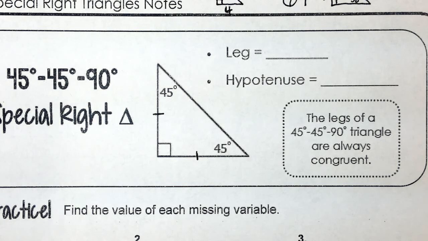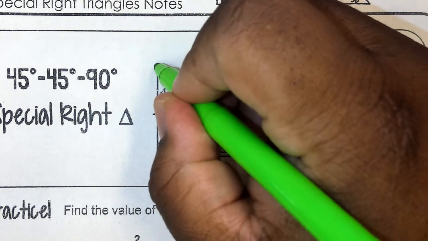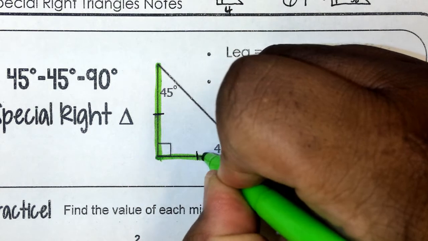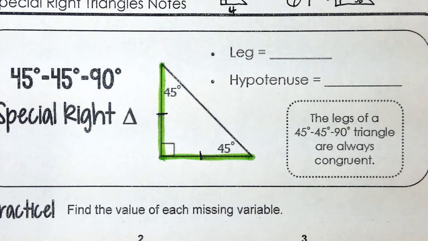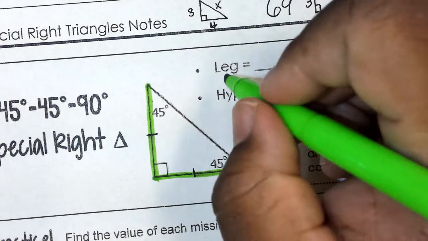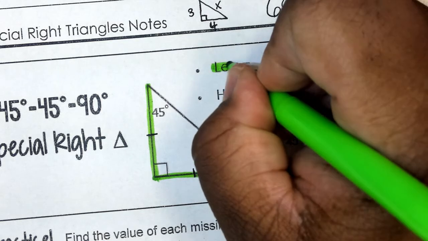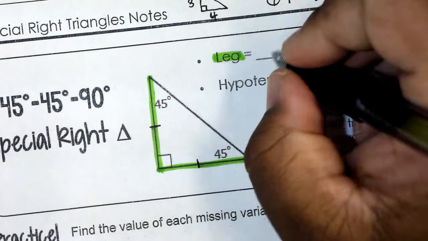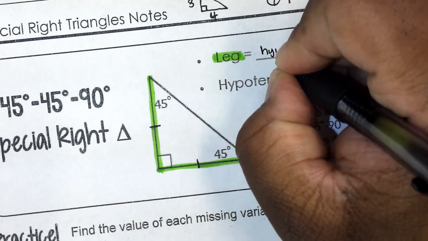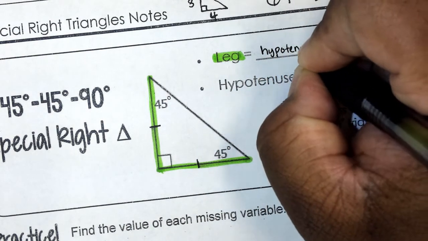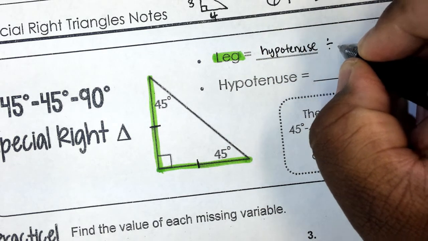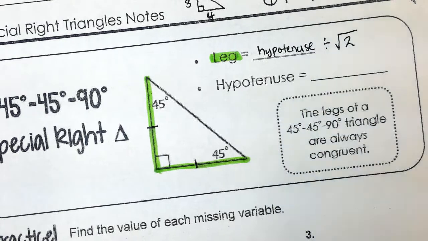So if I'm missing one of my legs, either one of them, and I'm going to highlight both of these for you. If I'm missing either one of my legs, and they give me the hypotenuse, a leg would equal whatever my hypotenuse is, divided by the square root of 2.